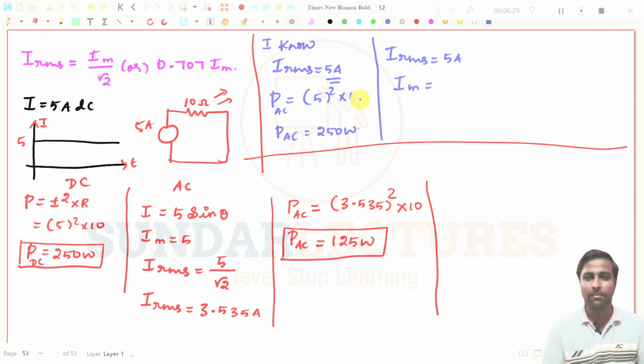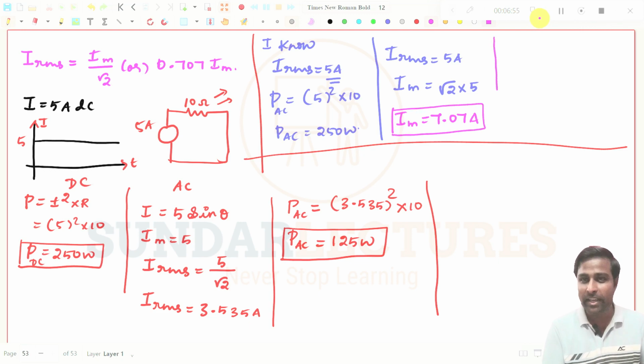From this expression, IM is root 2 into the RMS value, that is root 2 into 5 amperes. This value comes out to be IM equal to 7.07 amperes.